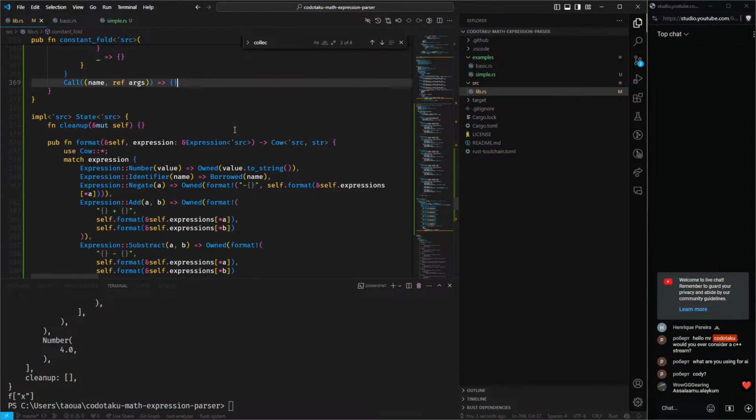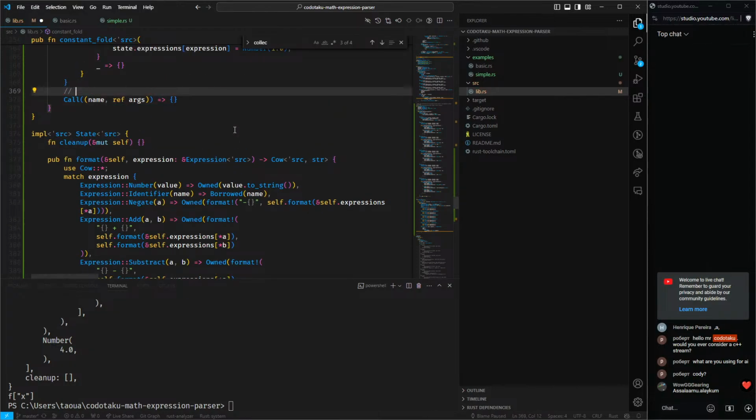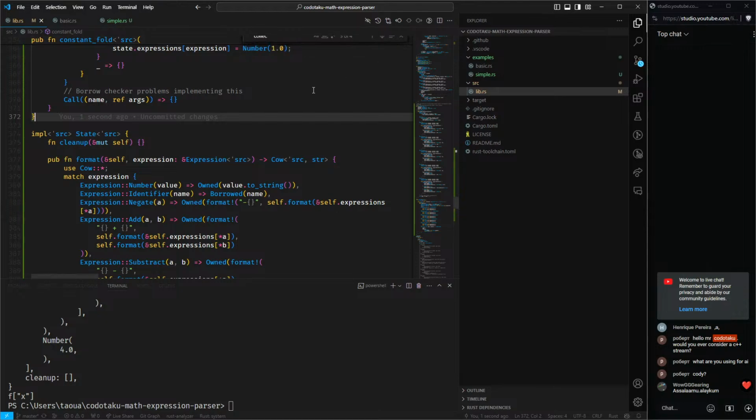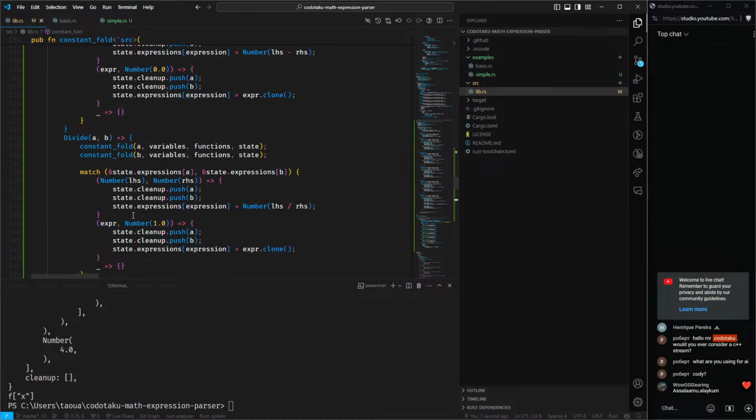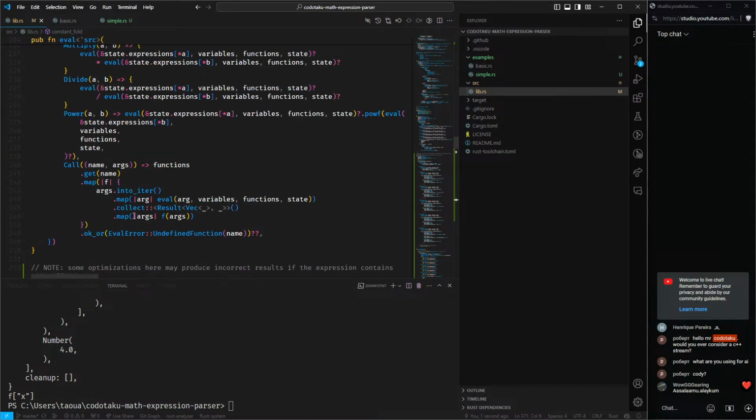Well, you know what? Just remove it. Borrow checker problems. Maybe a skill issue, or my brain is tired right now. Either way, that should be it for this one for now, at least.